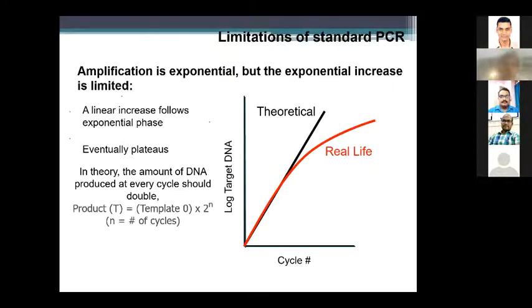There is a linear increase following the exponential phase, as seen in log target DNA against cycle number. Theoretically, the amount of product produced at every cycle should double, but in reality a plateau occurs after some cycles.